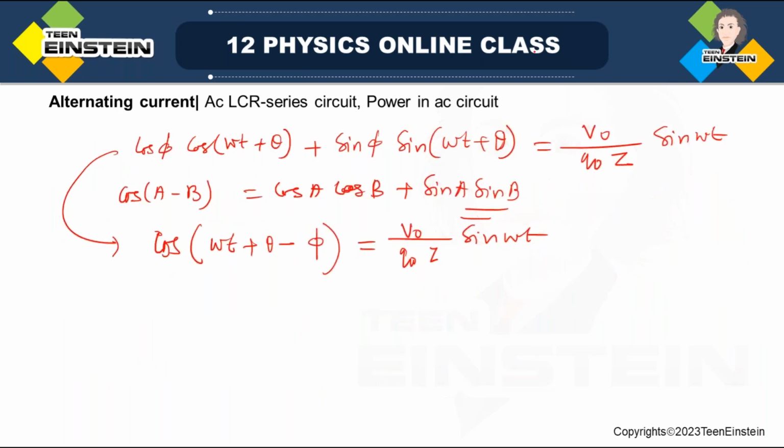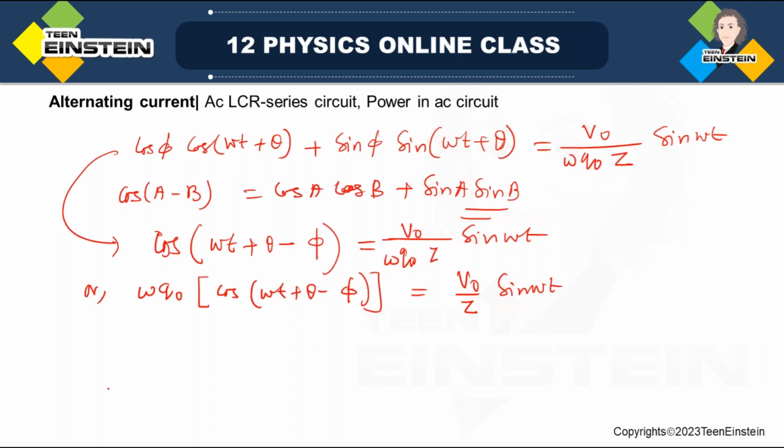So if we compare both sides, I am writing here once again omega Q0 cos of omega t plus theta minus phi, and this is V0 by Z sine omega t.